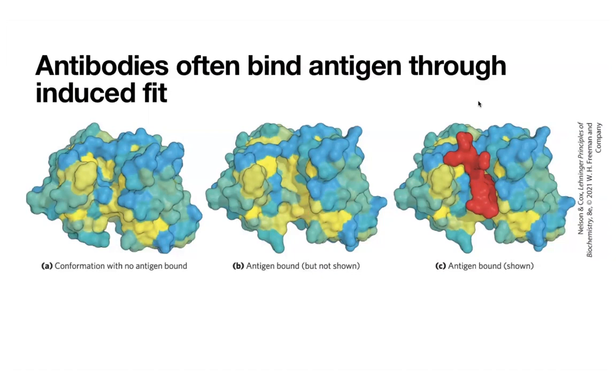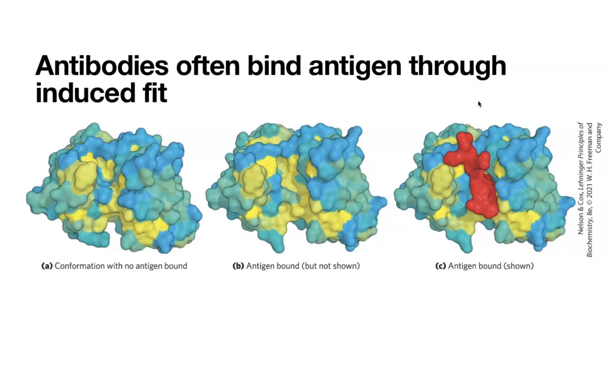So you can imagine that if you had a lot of hydrophobic surface exposed all the time, that would make water really, really mad, and water might force these things together through the hydrophobic effect. So this might clump up and make the antibody insoluble, which would be bad. But by exposing it only when the antigen binds, you're able to safely open it up to have that binding event.